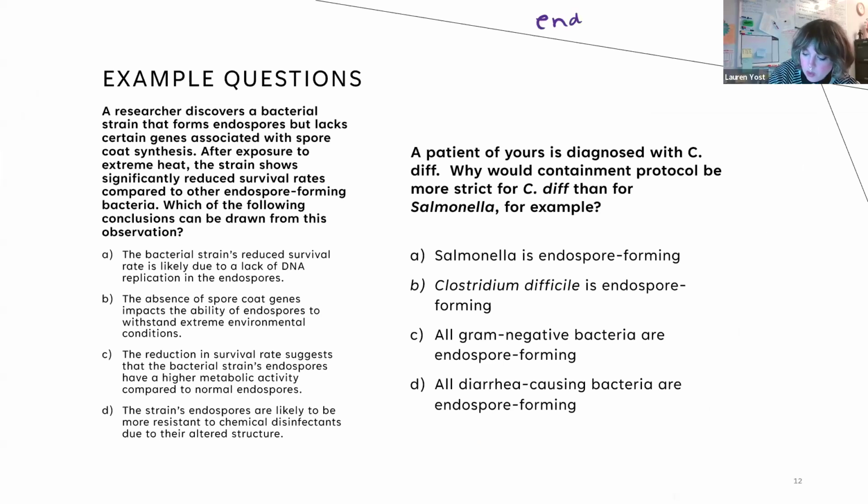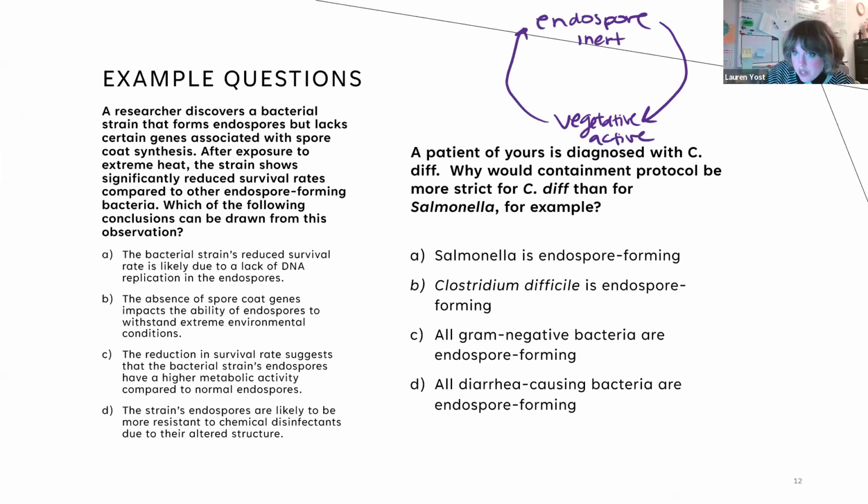Remember, if you are an endospore, you are inert and dormant, and then you become vegetative. This is the opposite of what I drew before, but it's the same concept, which is the active form that actually multiplies and causes the infection. When you are vegetative becoming an endospore, that is sporulation.